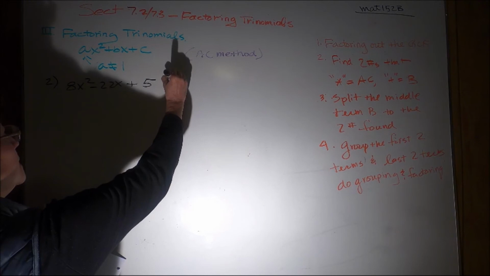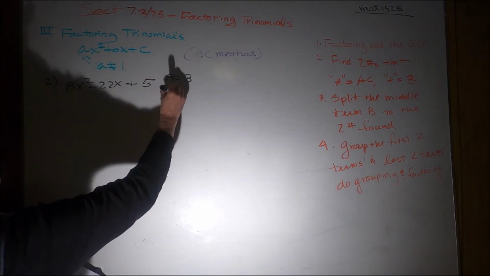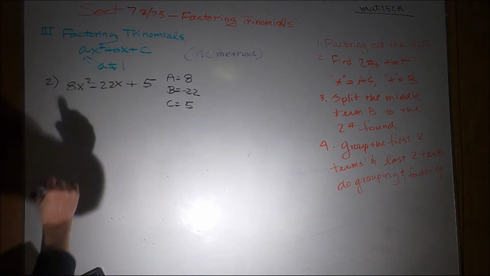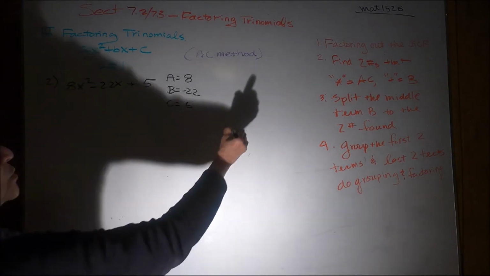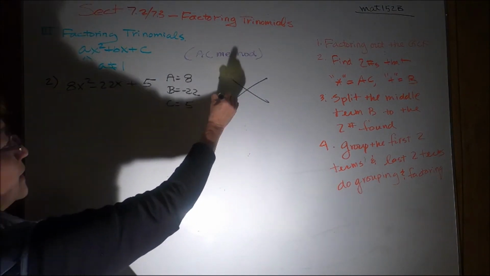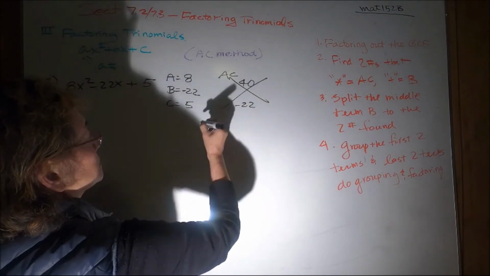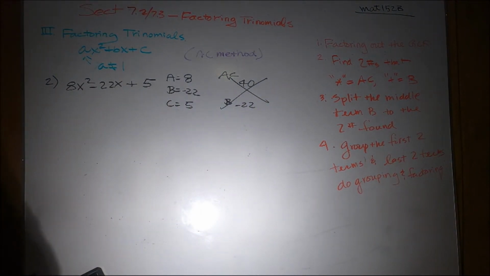So what's your A? 8, right? What's your B? -22. What's your C? 5. You have to write it in standard form, right? So what's your AC? 8 times 5, 40. What's your B? -22, right? So you are going to find the two numbers that will work for this.